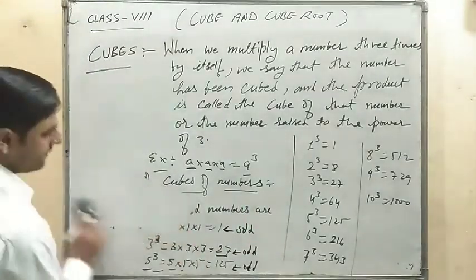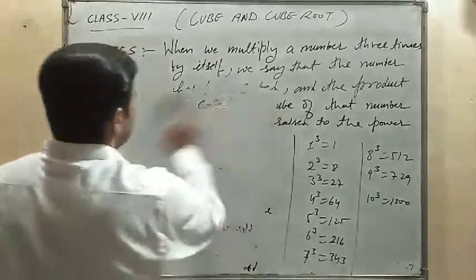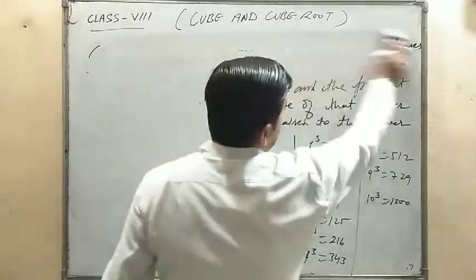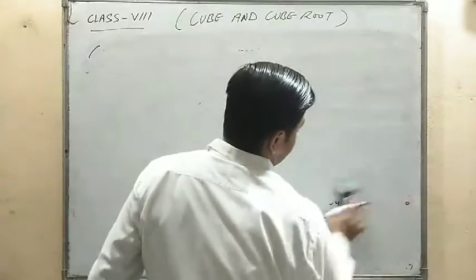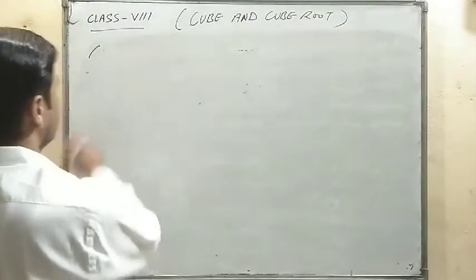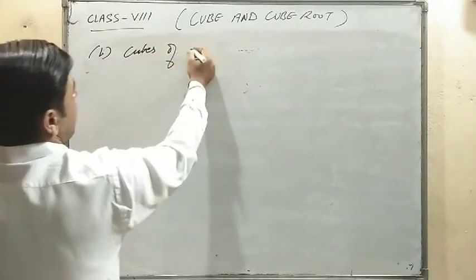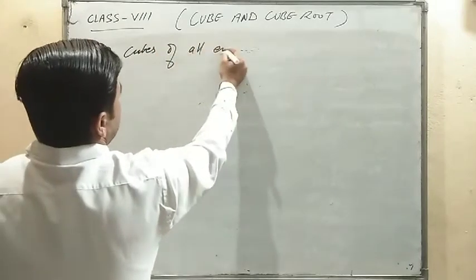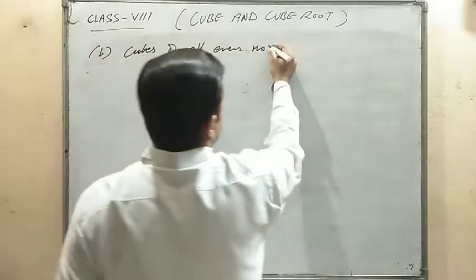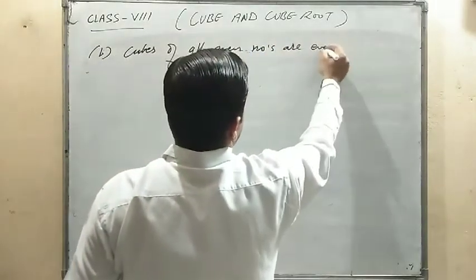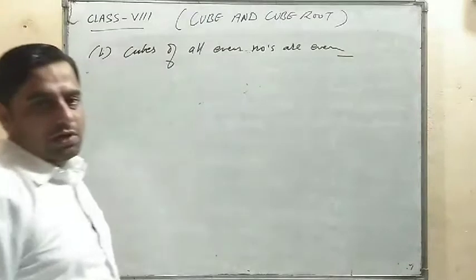Next, cubes of all even numbers are even. How is it possible?